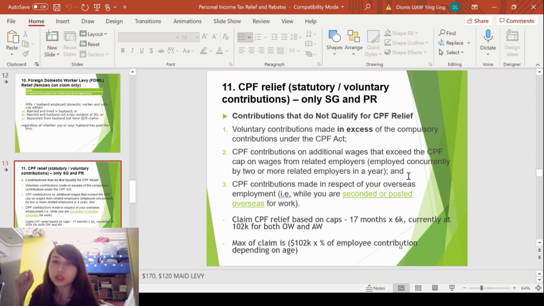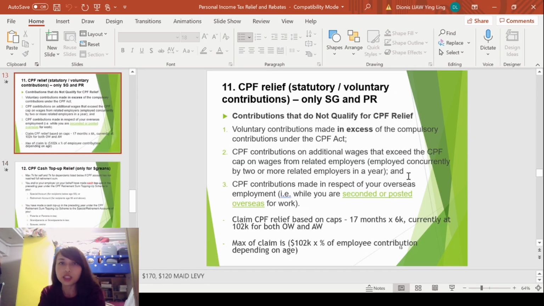So how they calculate, it will become 102, and then the maximum of your claims will be $102,000 times the percentage of the employee contribution depending on age. So for example, I'm 27 years old, so my employee contribution is 20%. So my maximum claim per year for CPF relief is always 20% times $102,000. Okay.